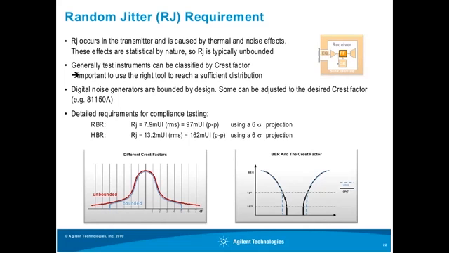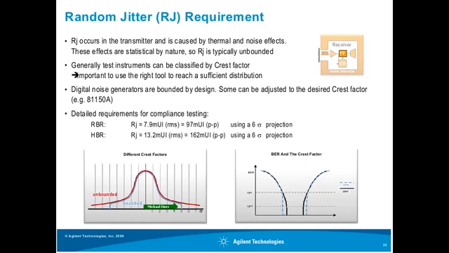That is defined by DisplayPort, and you see that would go up to here in the Gaussian distribution. And what you see already in that graph, if you have a bounded random jitter which goes up to 5 only, that won't be an appropriate test anymore. So you have to be very careful when selecting your random jitter source for that.